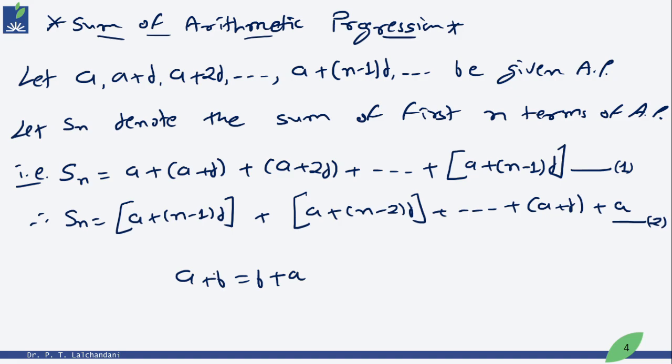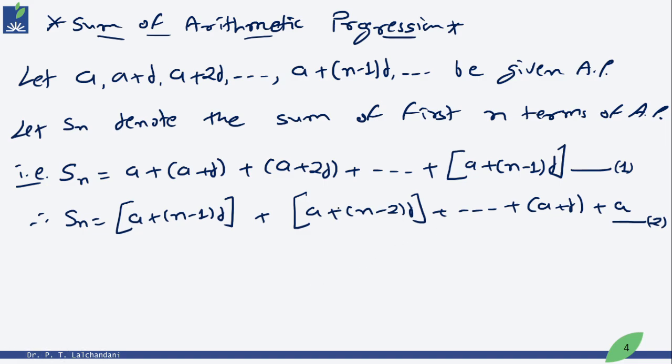This property is said to be the commutative property. Whenever this kind of property holds for a mathematical operation, we say that the operation is commutative. So addition is commutative, and that's why we can rearrange the terms of this addition expression.